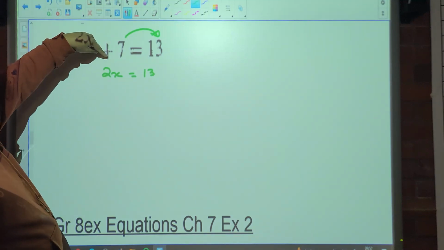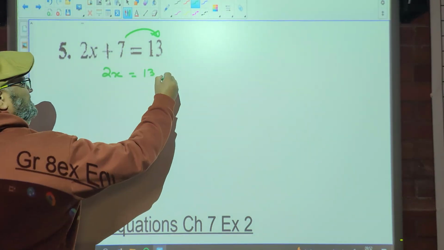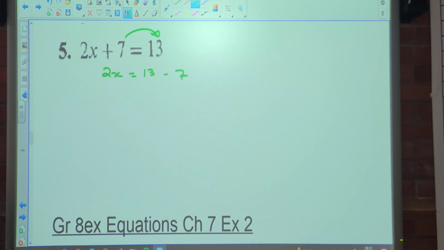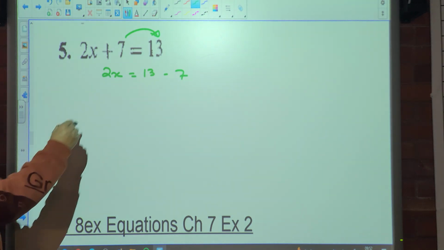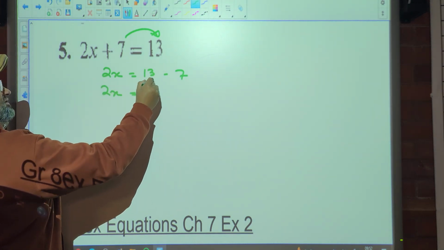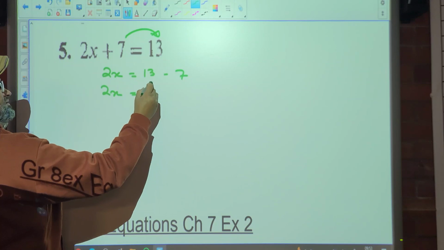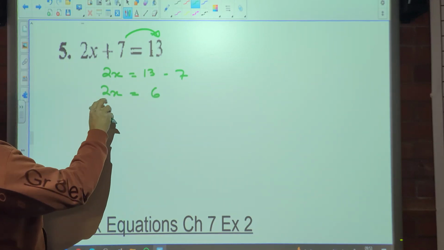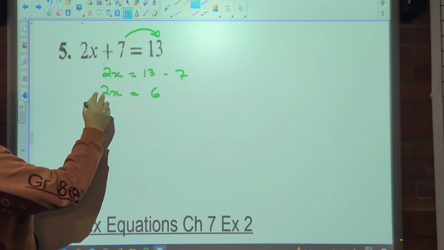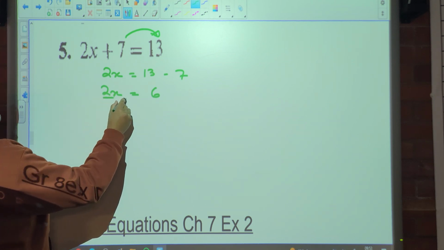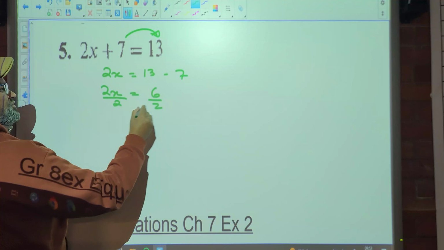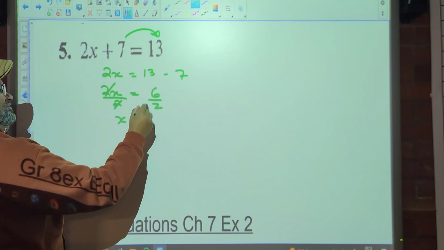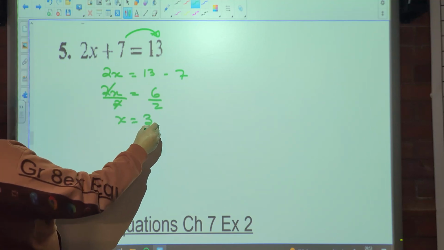See, that is positive 7; I take it over, it becomes negative 7. So what's 13 minus 7? 13 minus 7 is 6. And how are 2 and x bonded? By multiplication. So to get x on its own, I'm going to divide both sides by 2. It cancels, so x equals 6 divided by 2, which is?